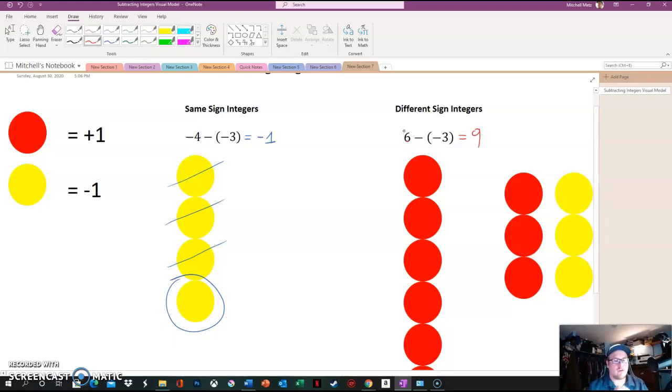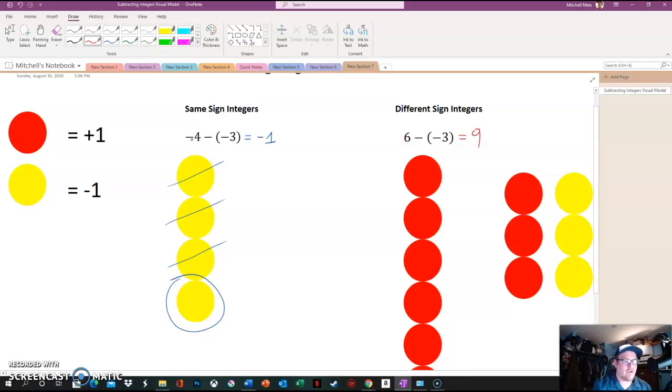So remember, when you're starting with different sign integers, you need to represent the circles with the correct color of the first number. When you're taking away the negative, you need to make sure to add those zero pairs in, and then you just count the number of red circles if your first number is positive.